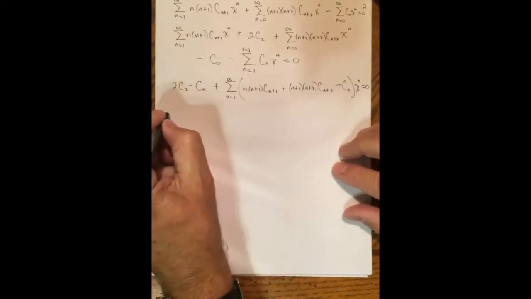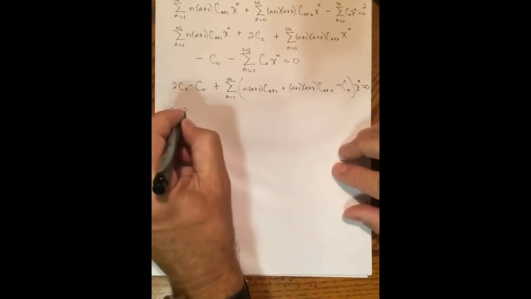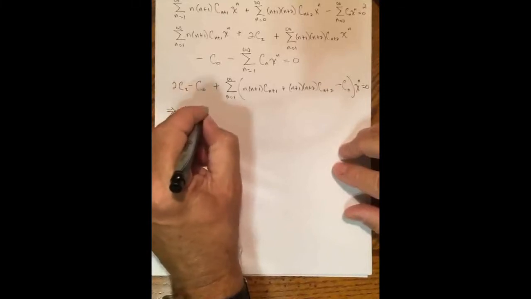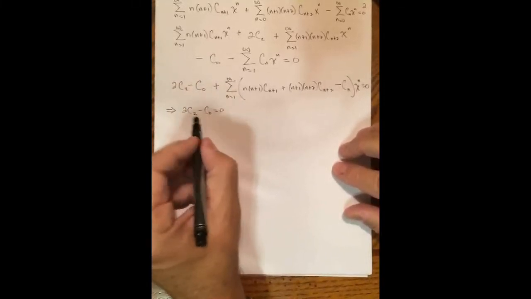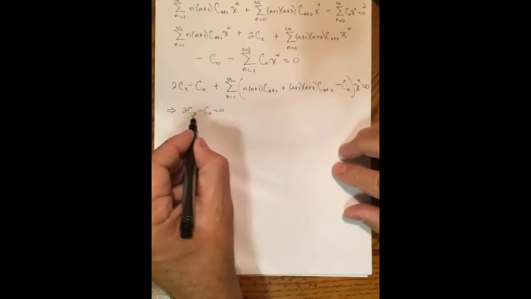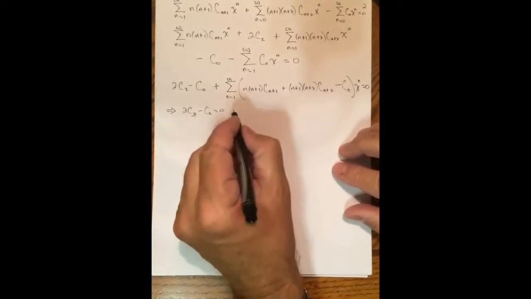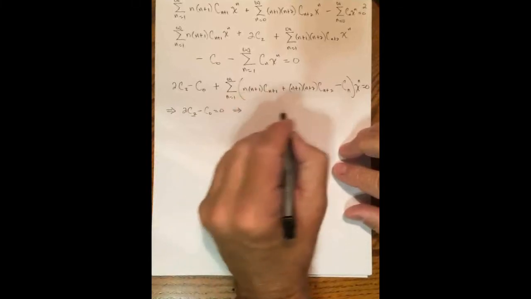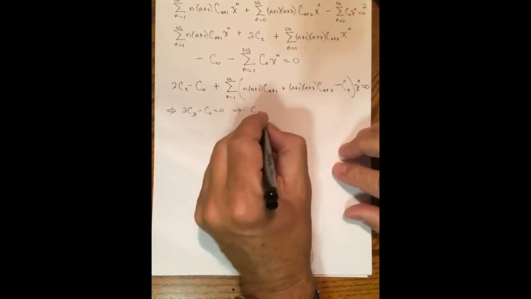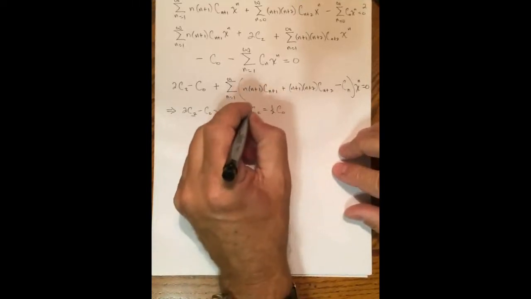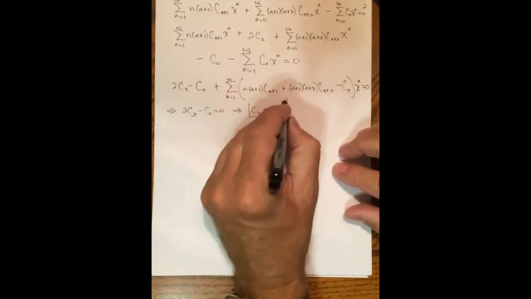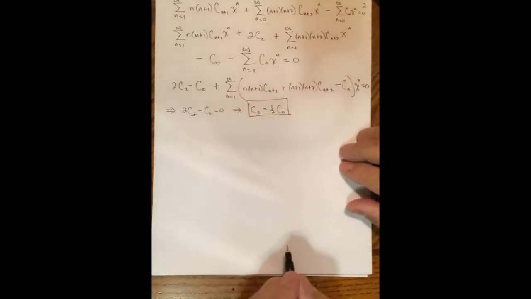So it must be the case that 2c sub 2 minus c sub 0 is 0. And now, when something like this happens, you pick on the biggest one. You want to solve for that one. So that means then that c sub 2 is 1/2 c sub 0. Cool. Nice.